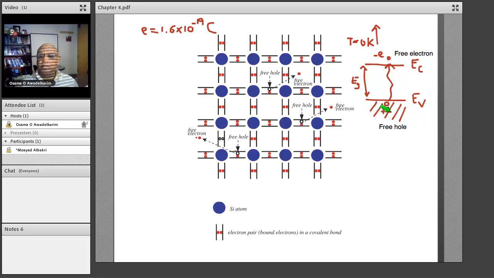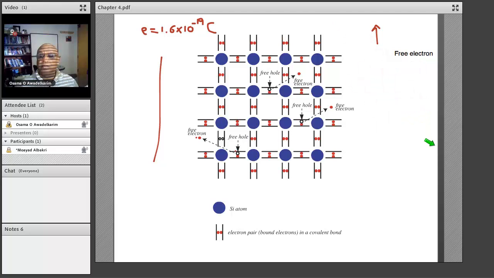Now, if we put a voltage across here, so let's again clean this. If we put a voltage, and say we make this voltage plus and minus along the two ends of this semiconductor, then electrons would move this way and generate an electron current.